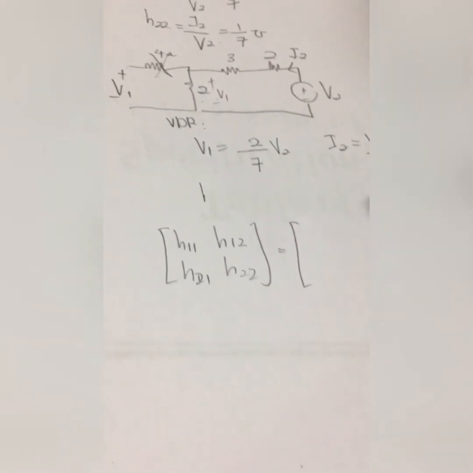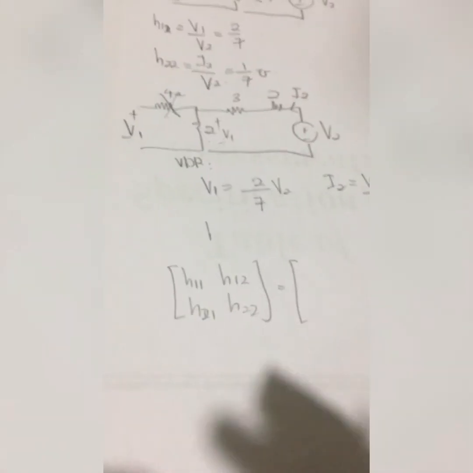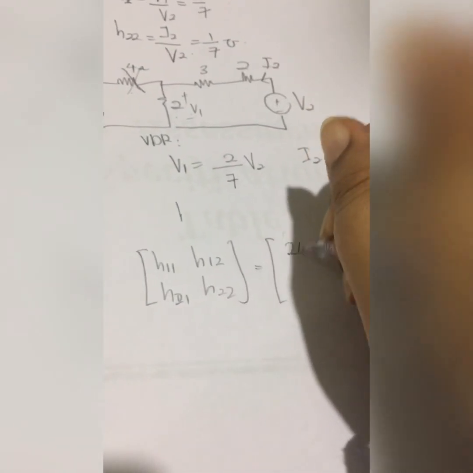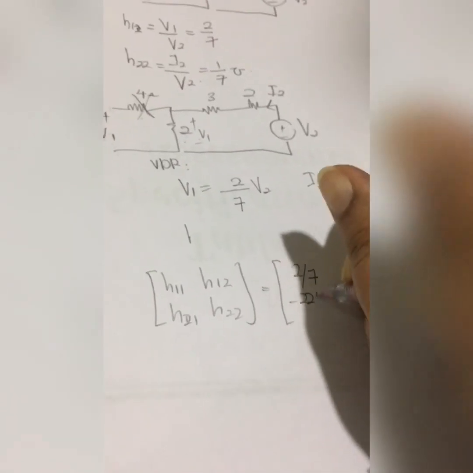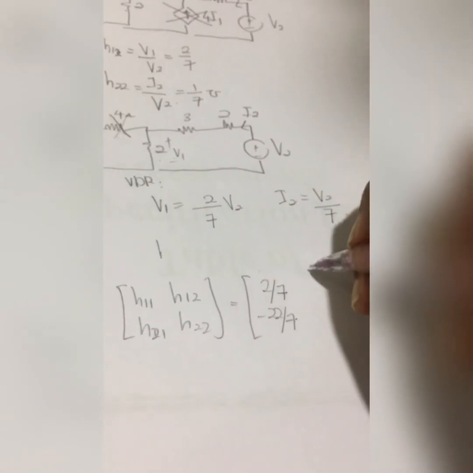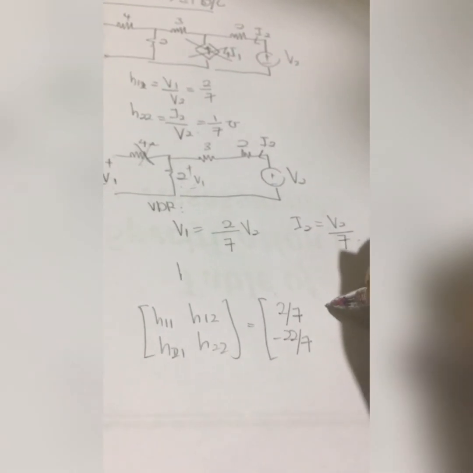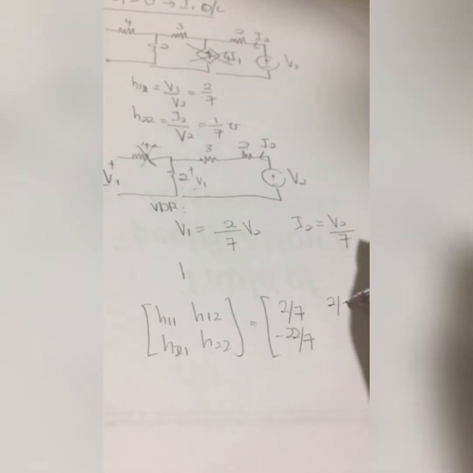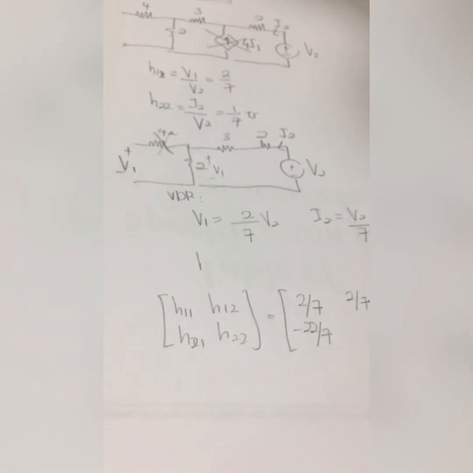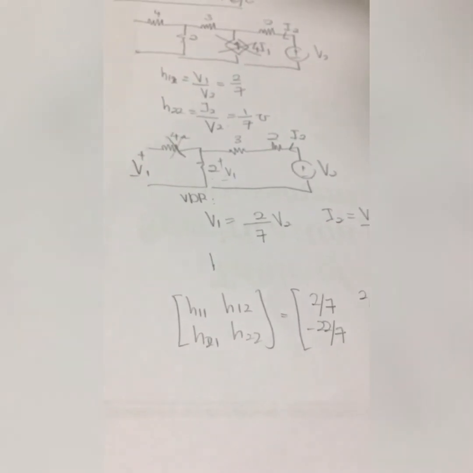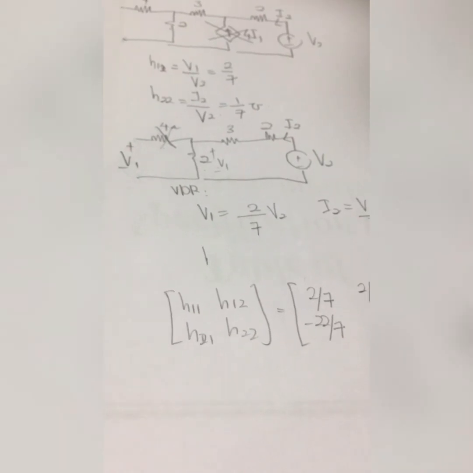So again, rearrange in matrix form. Okay, so H11 is equal to 2/7, H21 is negative 22/7, and H12 is equal to 2/7, and next H22 is 1/7.